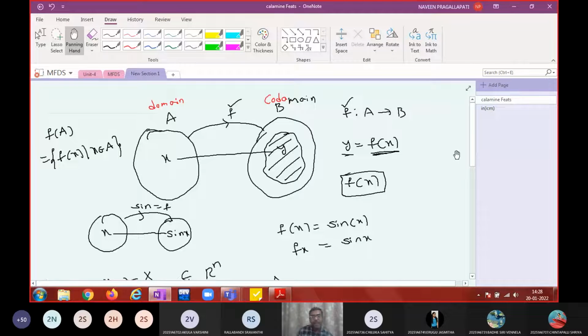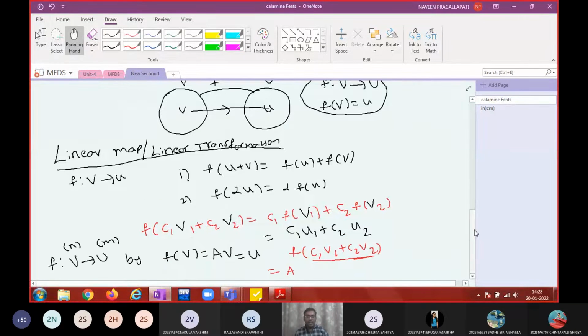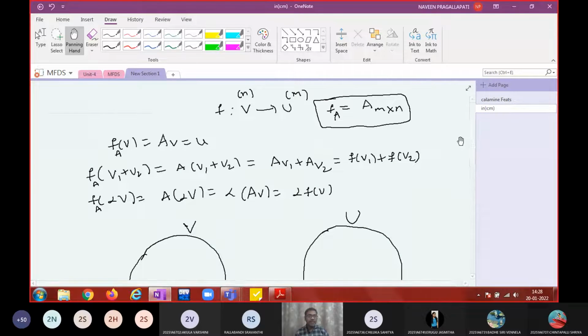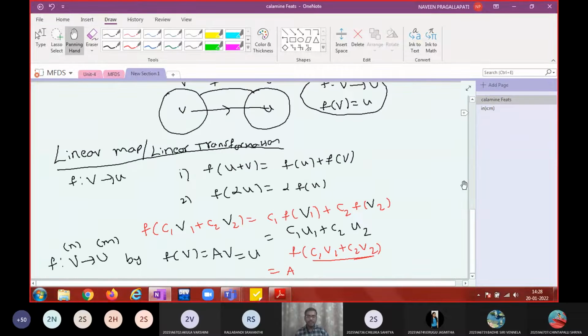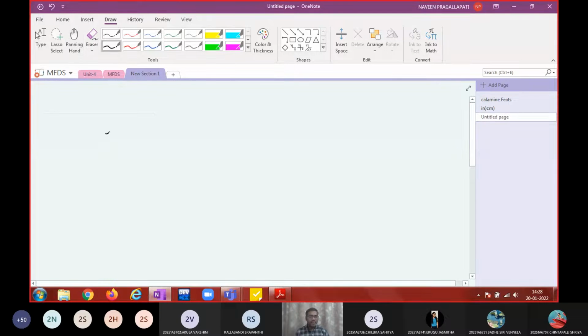Now, what is an important property of this linear transformation? When I say f is a linear transformation, what will be f of 0?